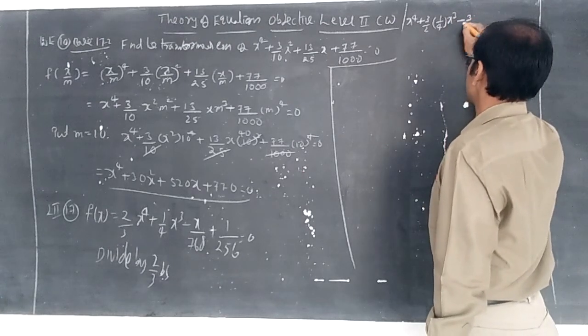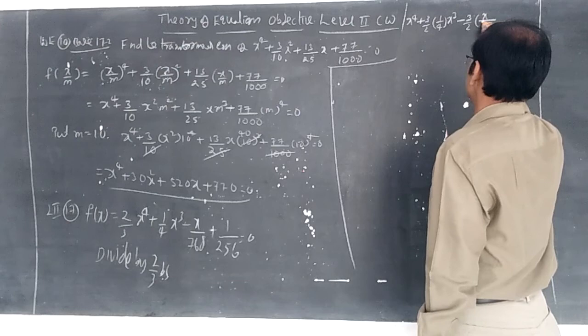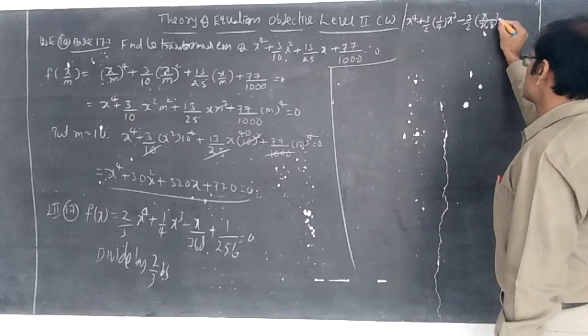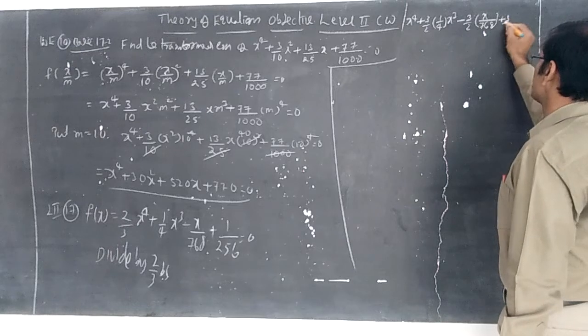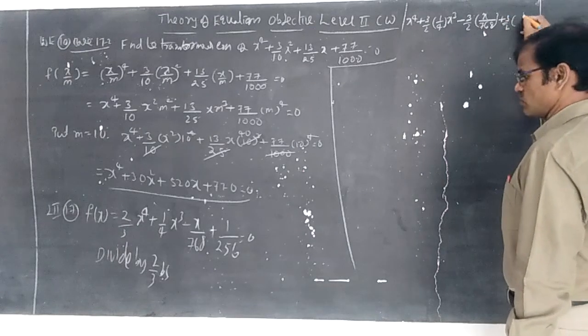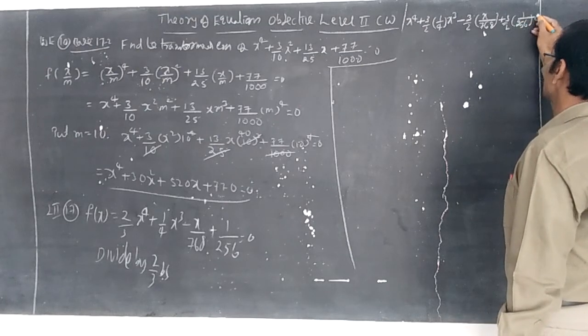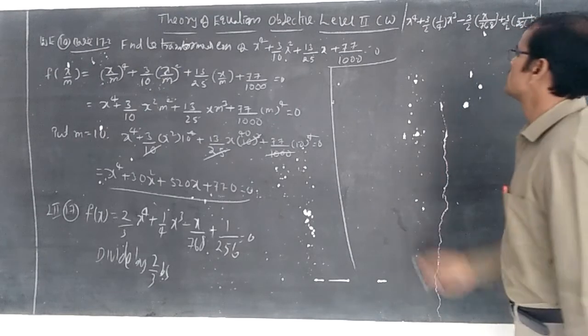minus 3 by 2 into x by 768 plus 3 by 2 into 1 by 256 equal to 0.